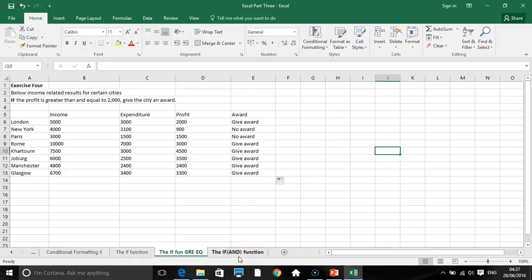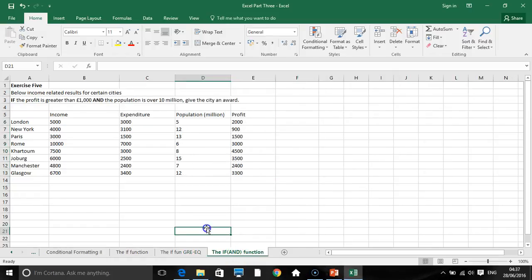What we are saying in this final exercise is that it is possible to determine whether or not we give the city an award based on two conditions. So here we have these cities. I've calculated the profit already, so that's fine.